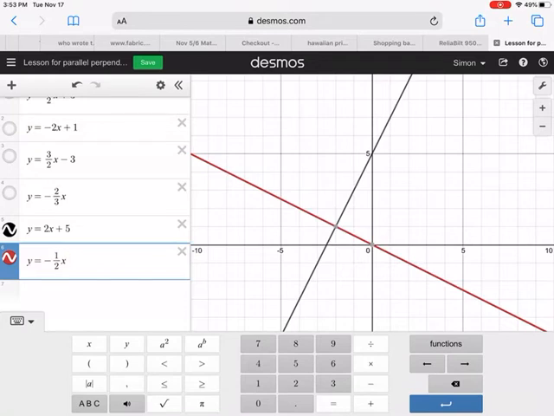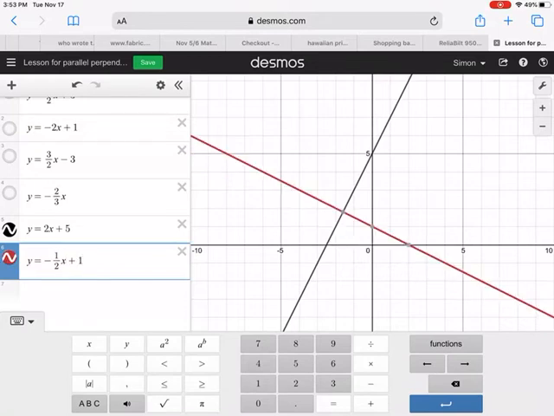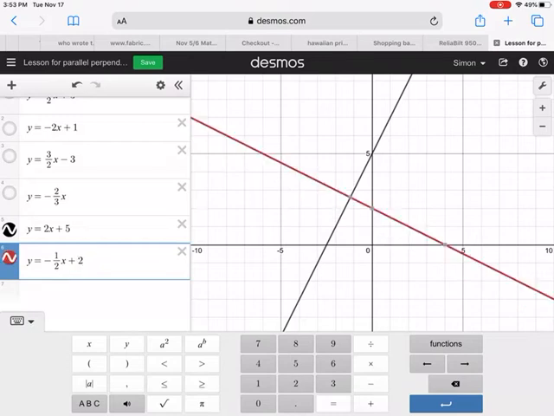Now I can add 1, and that's perpendicular. I can add 2. So any line with the opposite reciprocal slope is going to be perpendicular, and the y-intercept doesn't really matter. It's just moving it up and down, but the slope is staying the same. So hopefully that makes a little bit of sense.